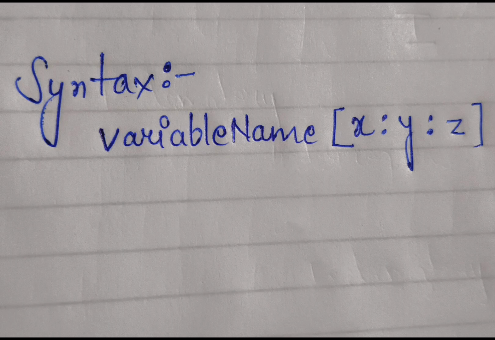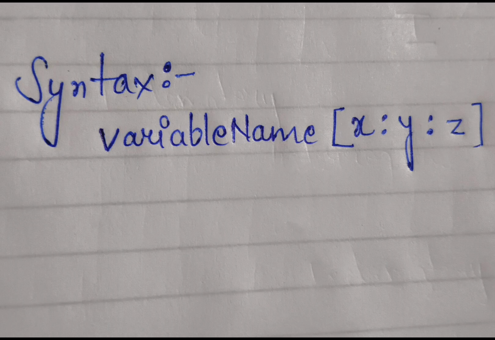So overall you can understand that x is the starting position, like from where we want to access the characters. Y is the ending position but with plus 1. Like if you want to access the characters till the ninth position, then you have to mention 10 at the place of y. And z is the update, like how much gap you want to give.